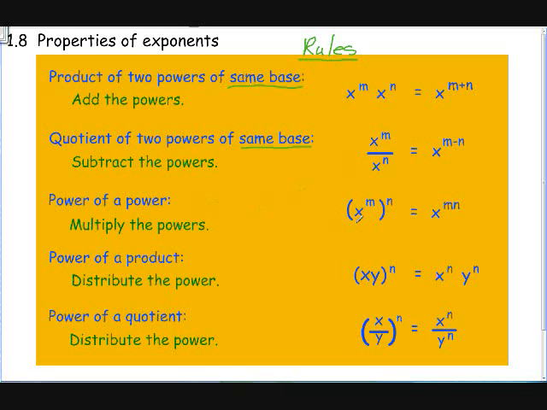And the power of a power, which obviously does have the same base, we have an expression, and then we're going to raise that still to another power. That's the only time you're multiplying. So these are our same base rules, and then we have a different situation over here.